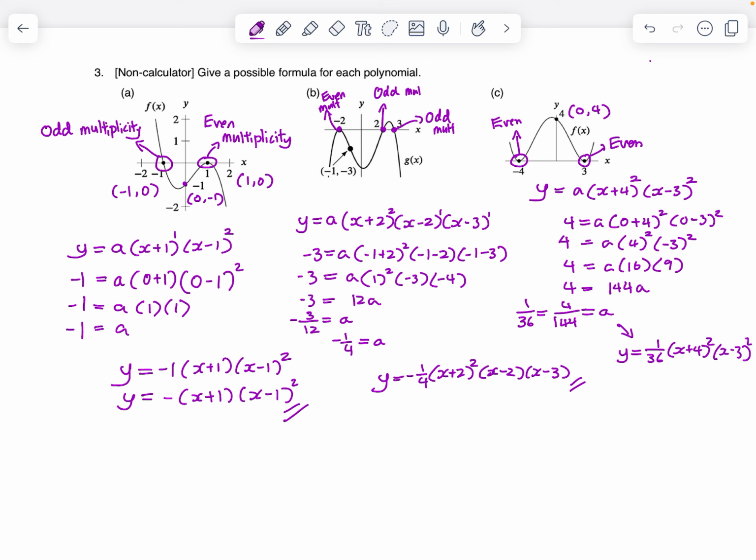If it bounces off like a parabola, then it is an even multiplicity. And then once you have the factored form, you also want to solve for the value a to determine the shape of the graph, and you use the points that you're given and substitute them into the equation to solve for a, and then you get a new equation.